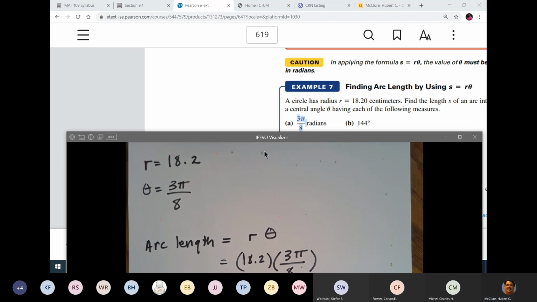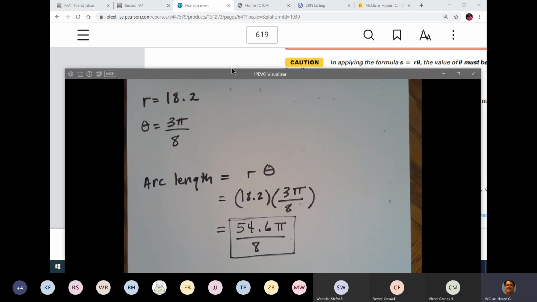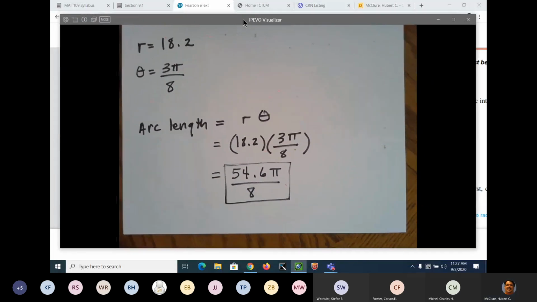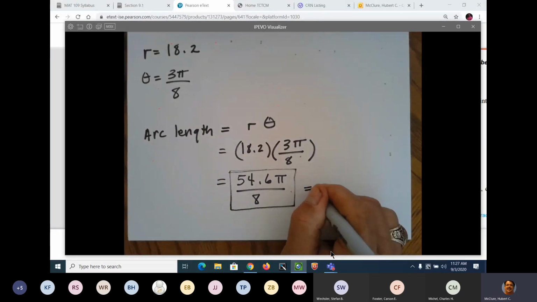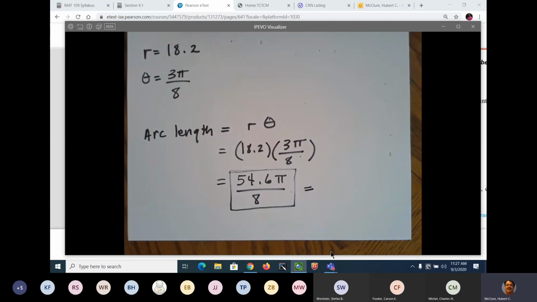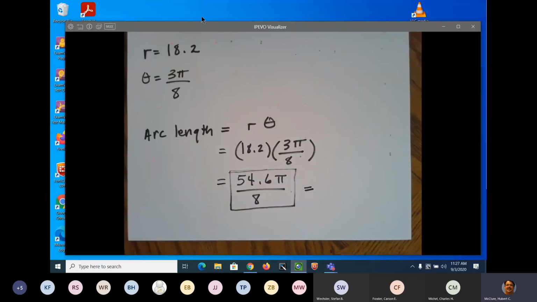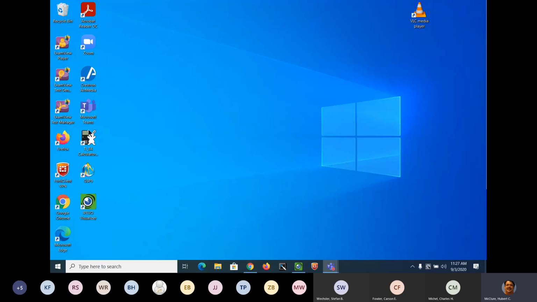Sorry, hold on. So somebody turn that into a decimal for me. Well, I'll just pull it up. Y'all don't like to communicate with me, so I'll just pull it up on the handy dandy TI-84.